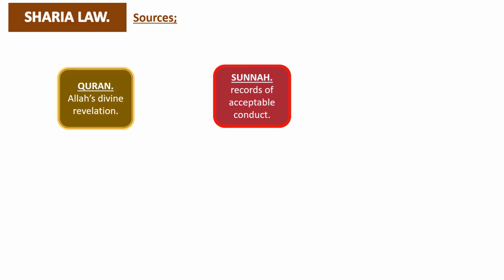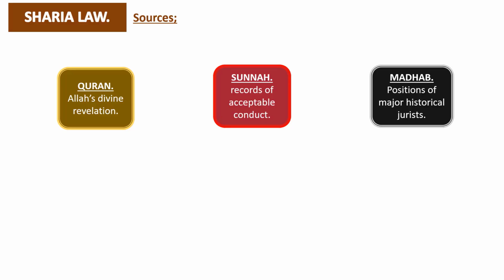And it is also derived from the sayings of the Holy Prophets. So the sayings of the Holy Prophet are normally termed as ahadith. Then you have the madhab. These are schools of thought of major historical jurists. Okay, and their writings, which have become a standard for the application of the Sharia law.